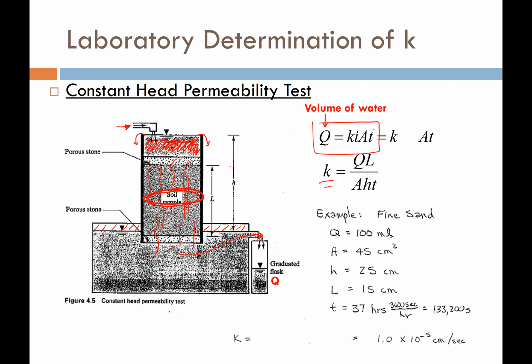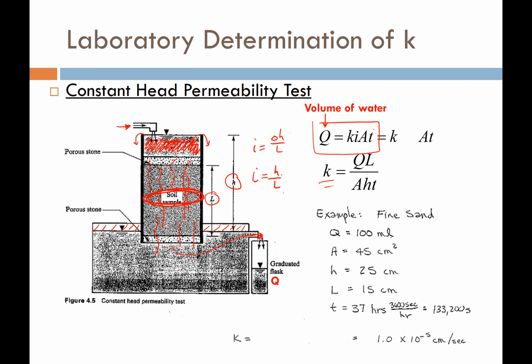Remember, i equals delta H over L. The change in head in this case is simply the change in elevation between the two tanks of water, which is equal to H, and L is equal to the length, or height, of the soil. So i in this case is simply H over L.